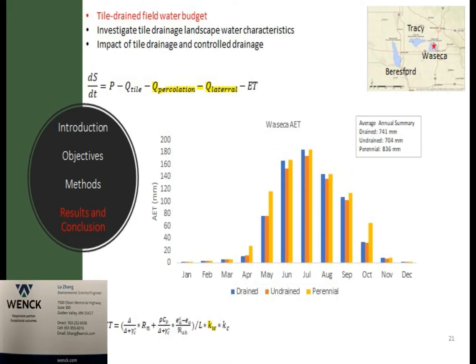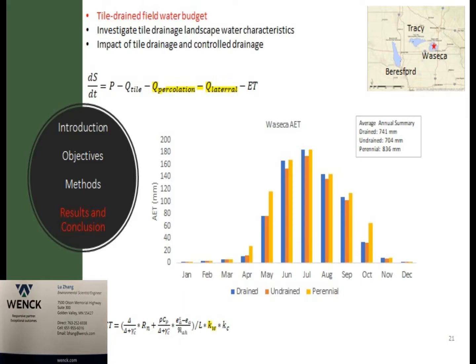Going from east to west, the east has the lowest precipitation. This is the evapotranspiration graph modeled with the Penman-Monteith method for Waseca. The blue one is the drained field, the orange is the undrained field, and the yellow one on the right side is perennial.